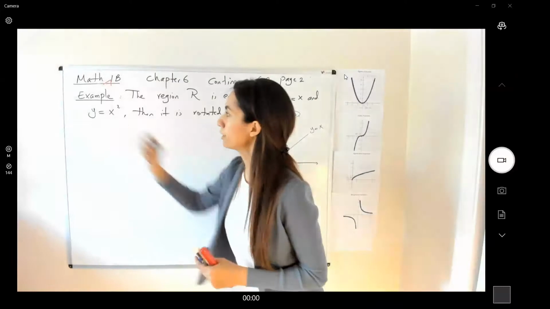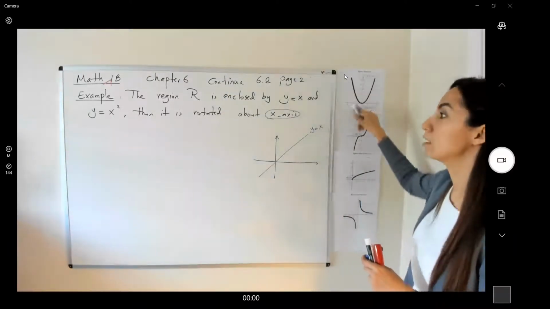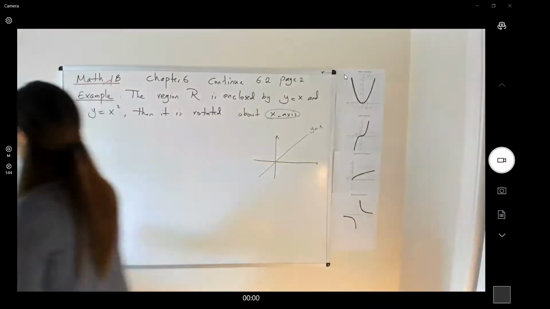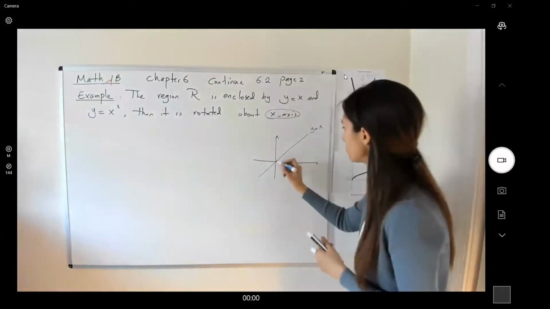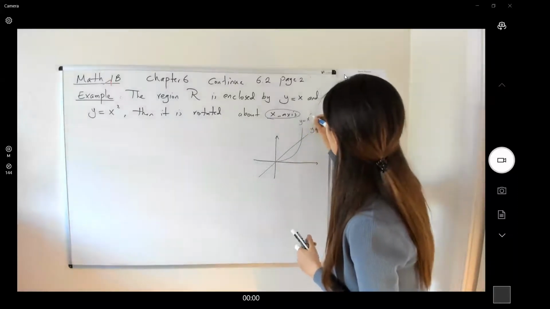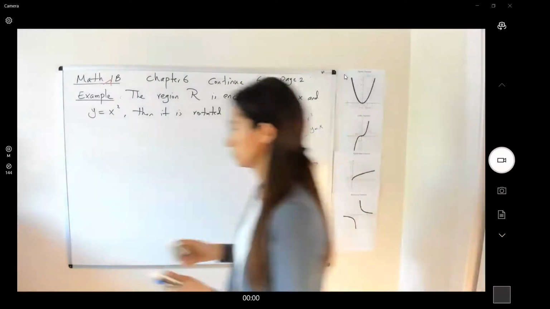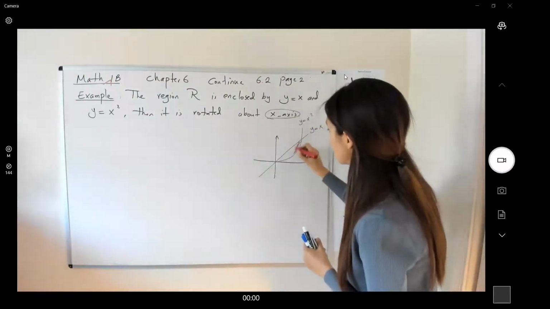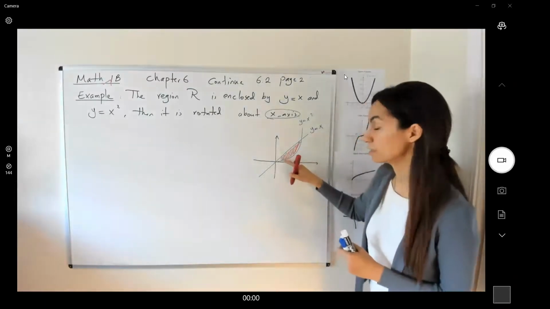Then you have y equals to x squared, which is a quadratic parabola function. So let's take a look at this. This is y equals to x. So guys, we are taking this area.